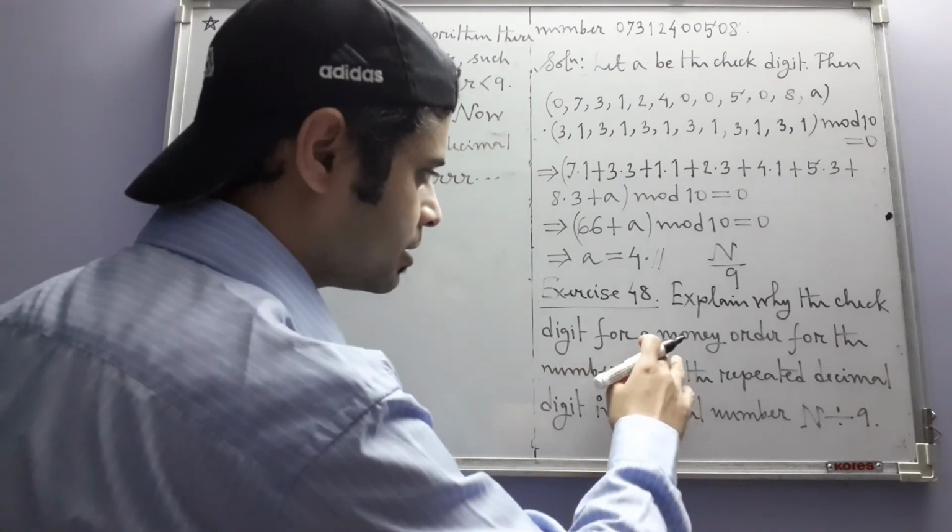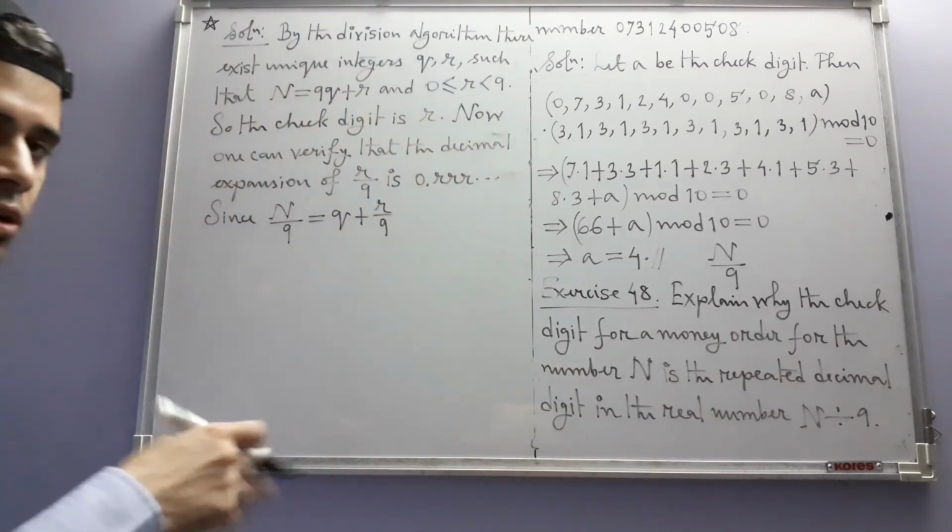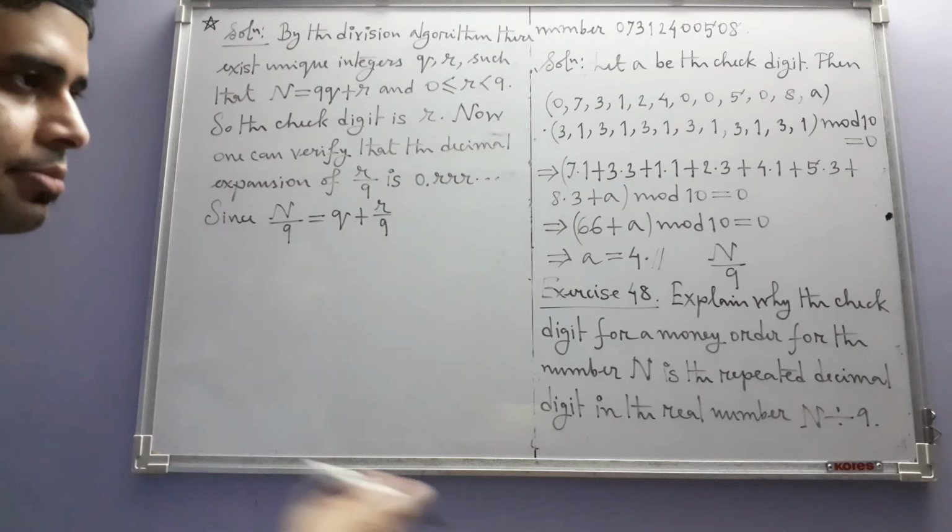Money order number is always greater than 9. In fact, it has many digits.